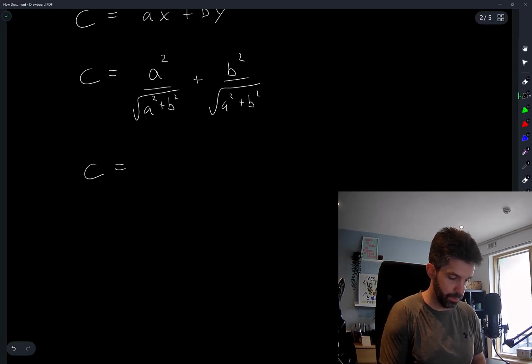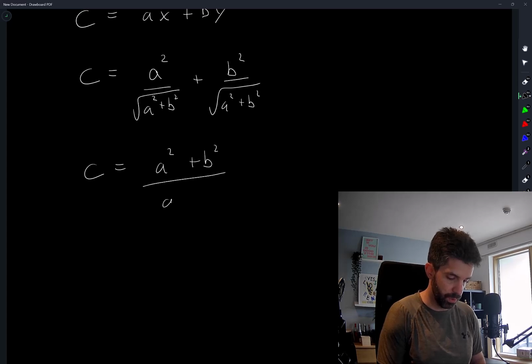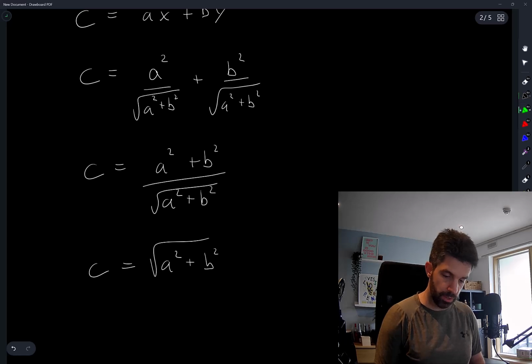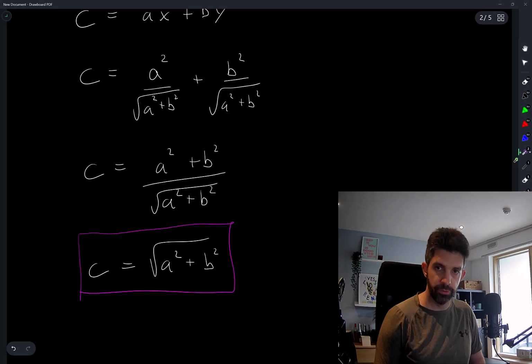So c is equal to a squared plus b squared divided by the square root of a squared plus b squared, and so c is equal to the square root of a squared plus b squared. And that is one of the answers, I believe. Oh, nice. I've called this constant c, and that also happens to be the option which is correct.